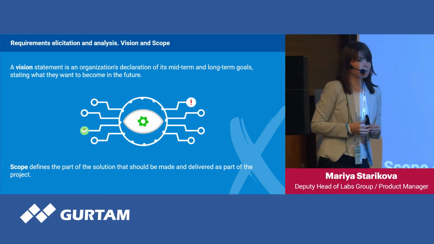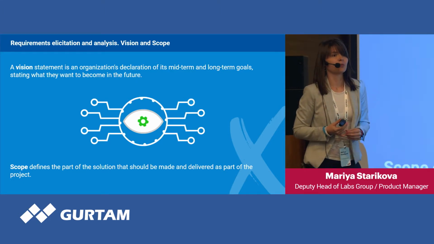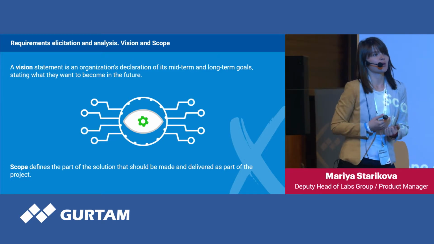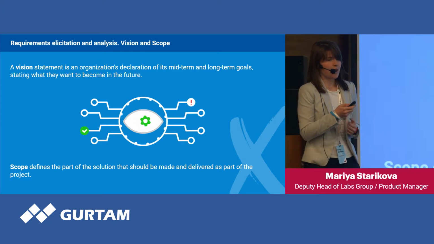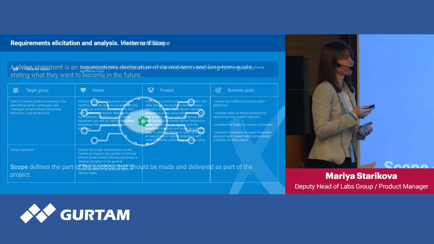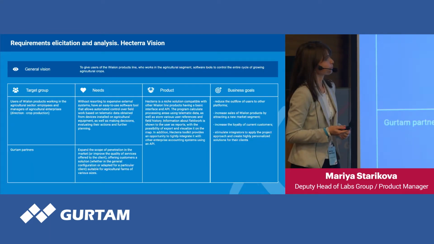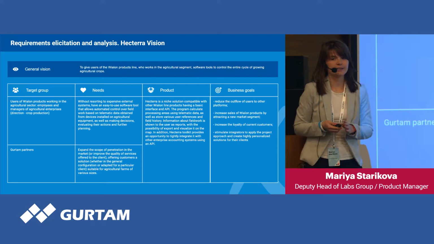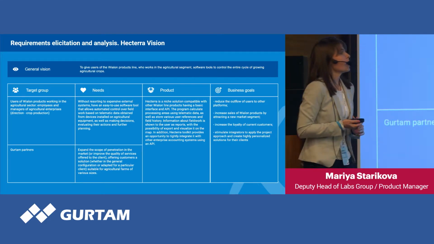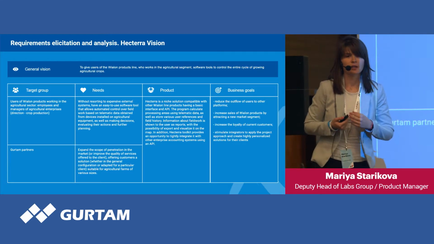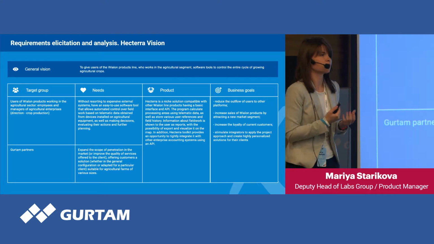Even for a small functionality, we always try to think why we need to do this and what problem it will solve. If you look at this table, you can see a couple of questions that we try to answer when we think of product vision and scope.